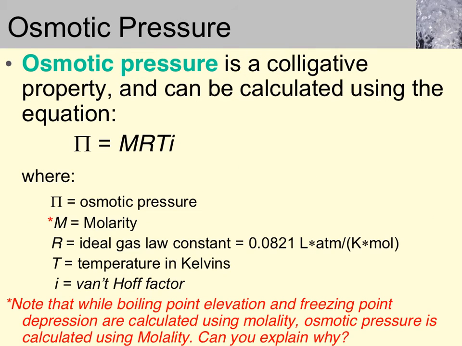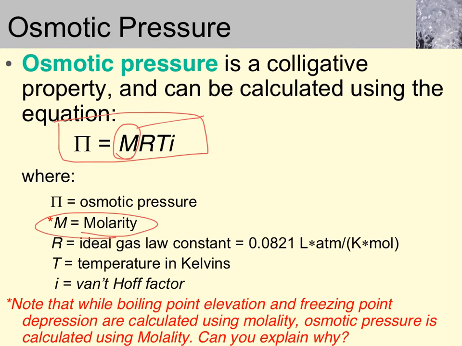The equation for calculating osmotic pressure is similar to boiling point elevation and freezing point depression, but a couple of really big key differences. One, instead of molality, little m, like we had in boiling point and freezing point, it's molarity, okay?